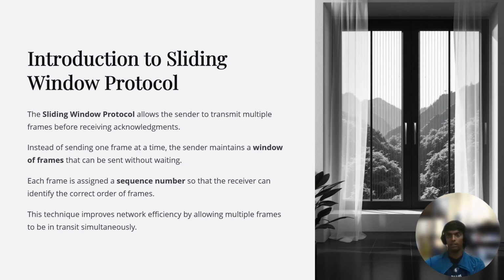Now let us see an introduction to the sliding window protocol. It is designed to improve the efficiency of data transmission. Instead of sending one frame at a time, the sender can send multiple frames before receiving acknowledgements. This is achieved by maintaining a group of frames known as a window. Each frame is assigned a sequence number so that the receiver can identify the correct order of frames.